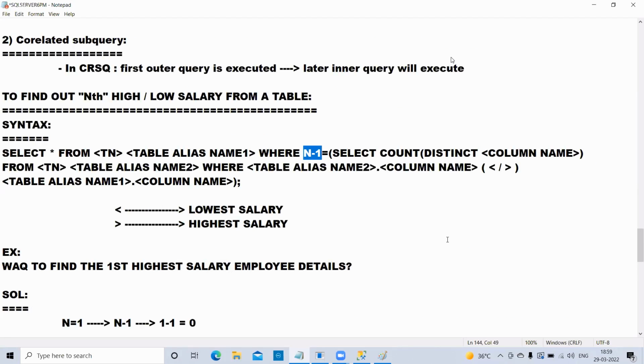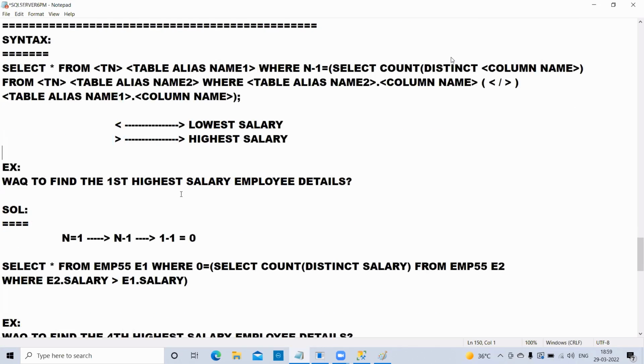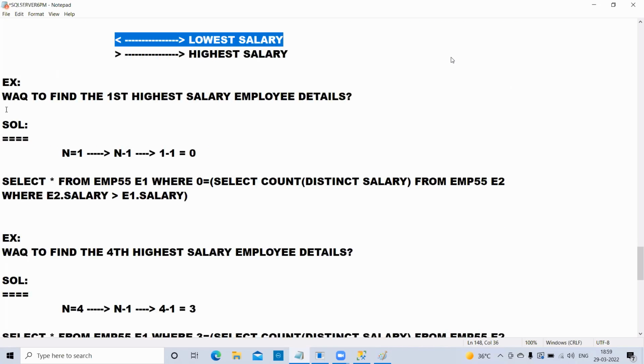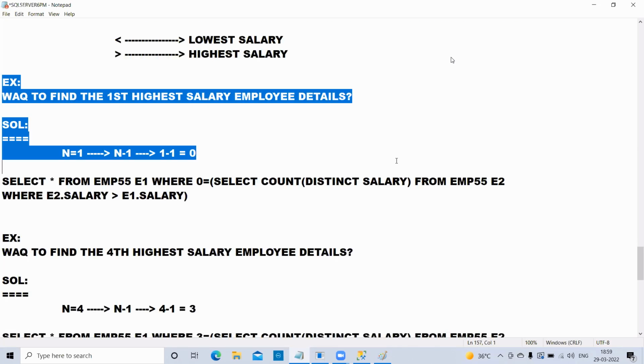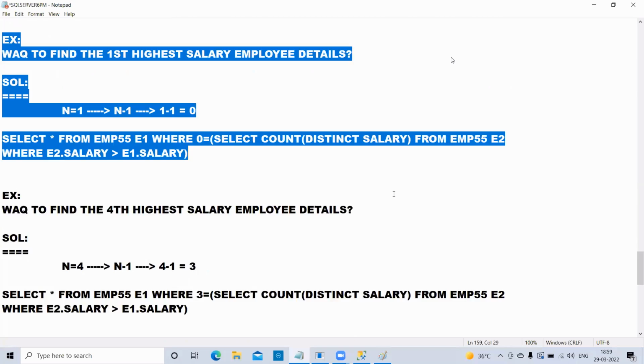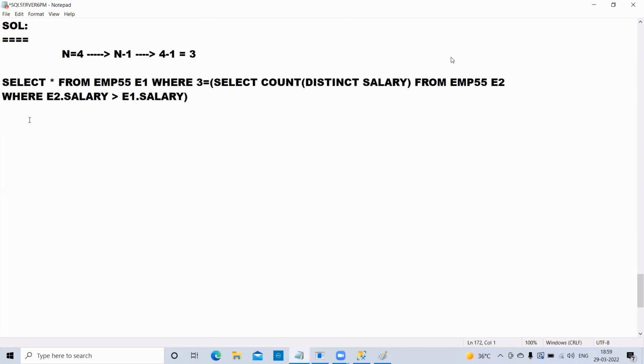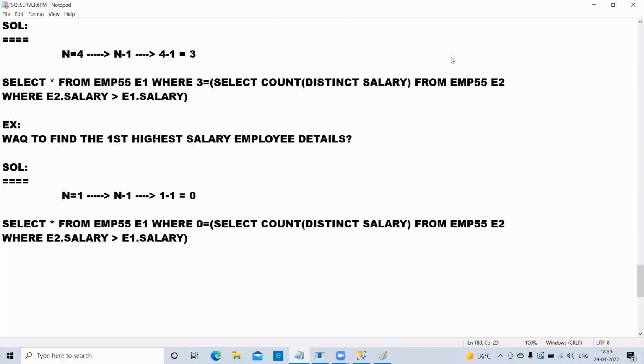Okay, fine. And the next one, observe. This was for the highest. Suppose you need to find the lowest salary. My question is to find the first lowest salary employee details.